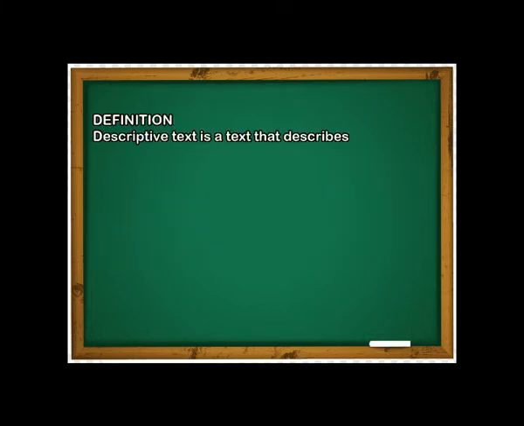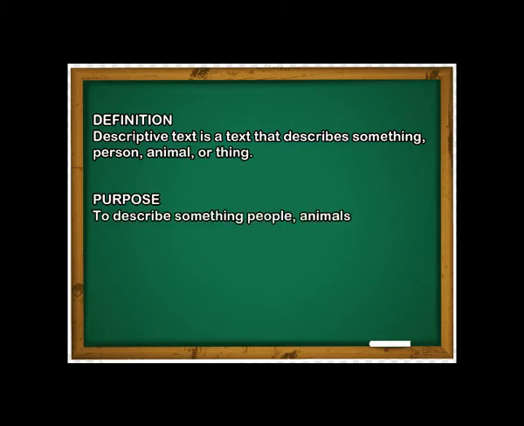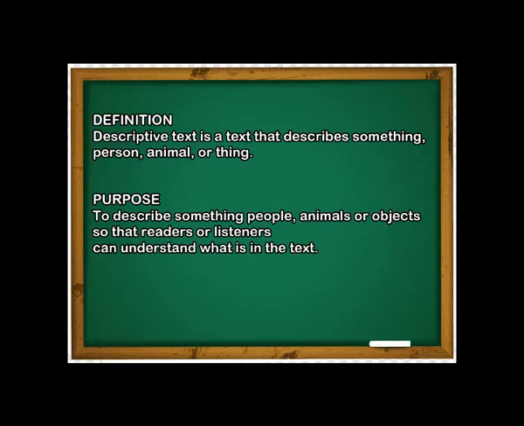Descriptive text is a text that describes something, a person, animal, or thing. After we know the definition, next is the purpose. What is the purpose of descriptive text? Right. To describe something, people, animals, or objects so that readers or listeners can understand what is in the text.